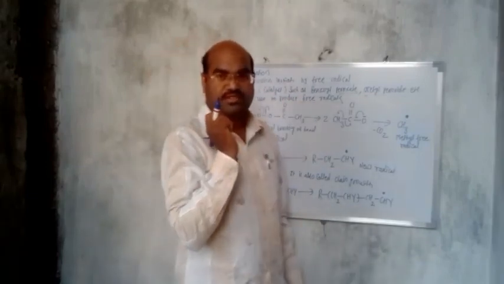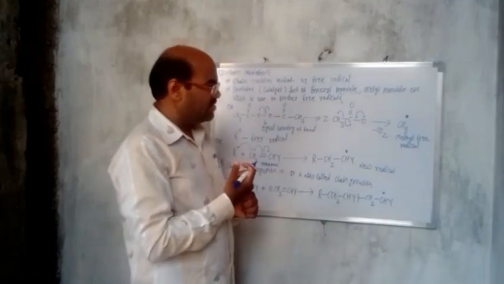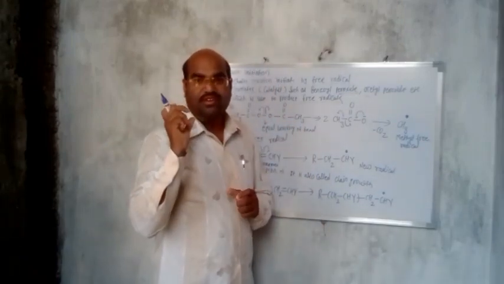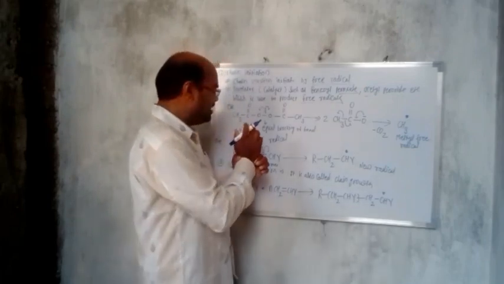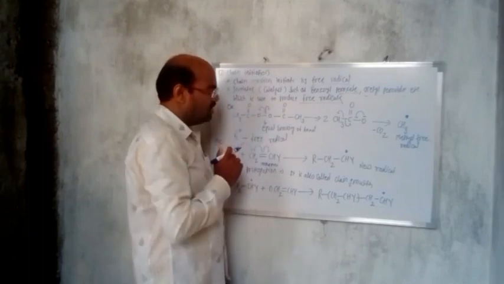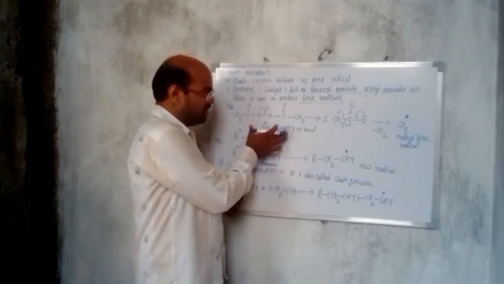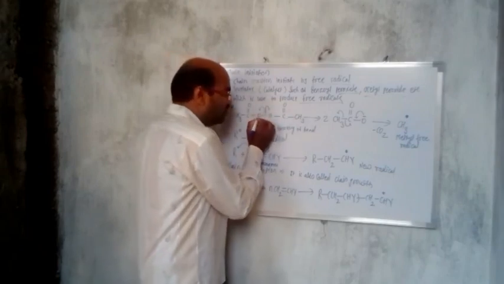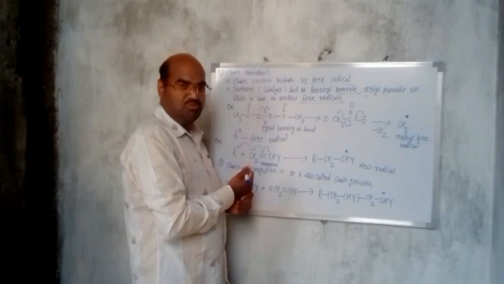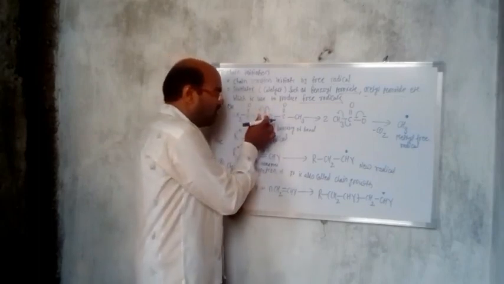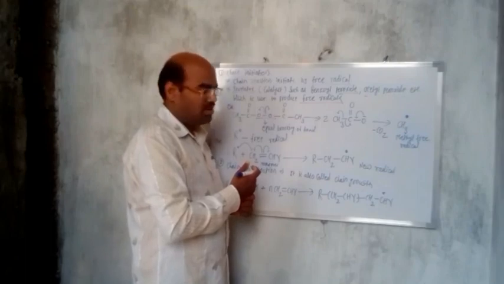You know the concept of free radicals: free radicals are species having one unpaired electron. We can see how they are generated. Take acetyl peroxide as an example: the oxygen-oxygen peroxide bond will break by equal, homolytic breaking of this peroxide bond.